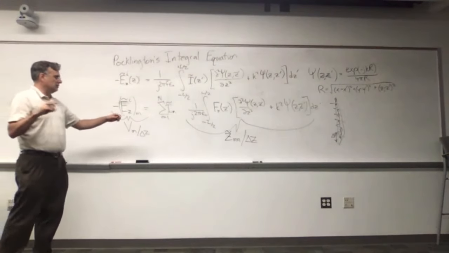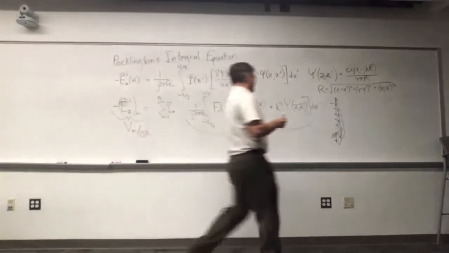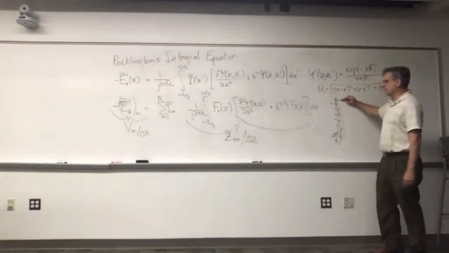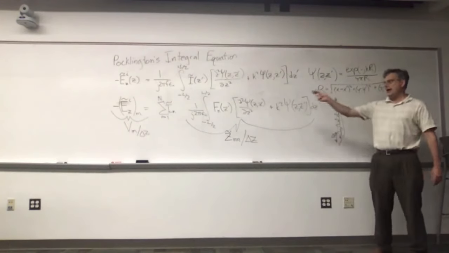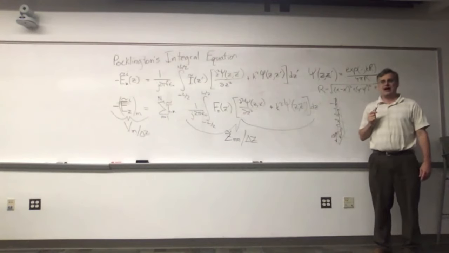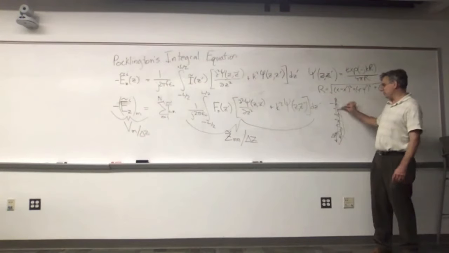N is being used to calculate the contributions of the currents: this sample, this sample, this sample. M is being used to track the sample for the E field, which is the same location but different.